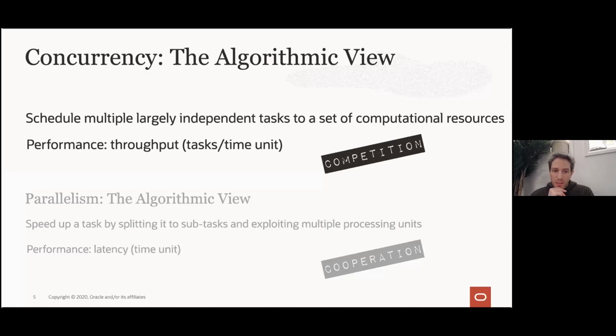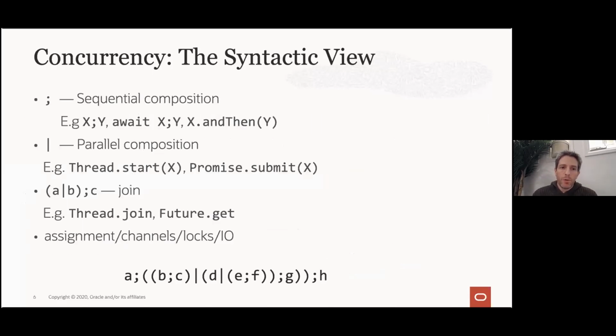But if we look at concurrency from the perspective of how we express our programs in a programming language, rather than the problem we want to solve, the distinction between the two is less clear. From the syntactic perspective, concurrency is the problem of how to express some arbitrary combination of sequential and parallel compositions, where a sequential composition means that something must be done after another as it depends on it, while a parallel composition means that we do two things at the same time.